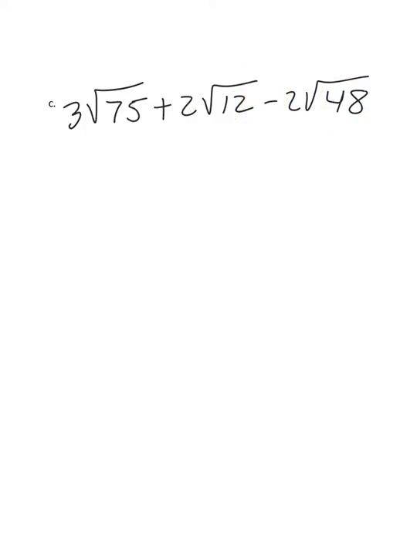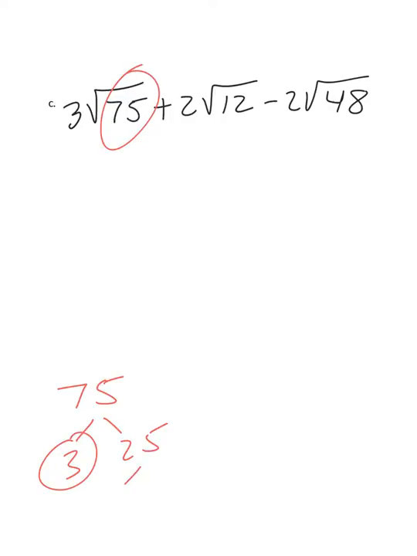So down near the bottom of the screen, I'm going to do 75, the square root of 75. And let's use 3 and 25 for that one. So the 3 branch is done. 25 goes down to 5 and 5. I got a matching pair of 5, so that is going to break down further.